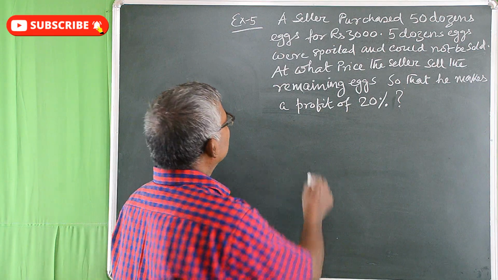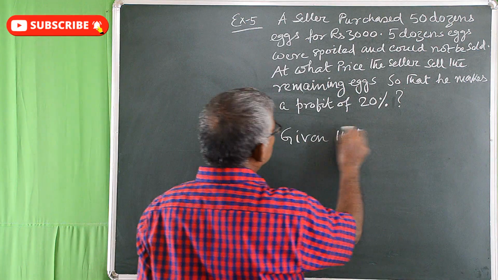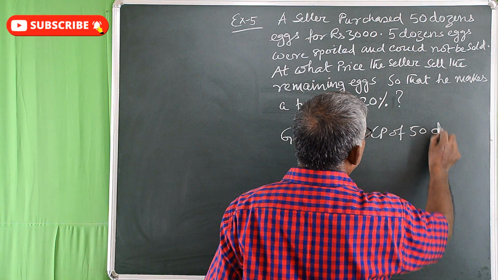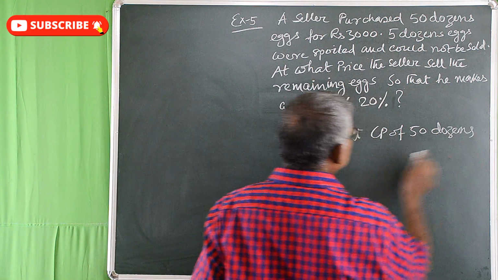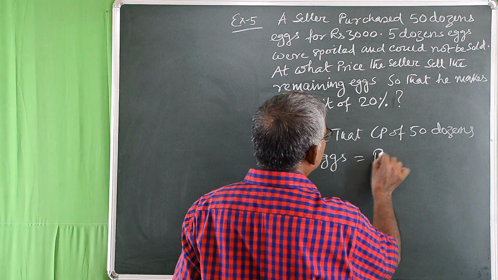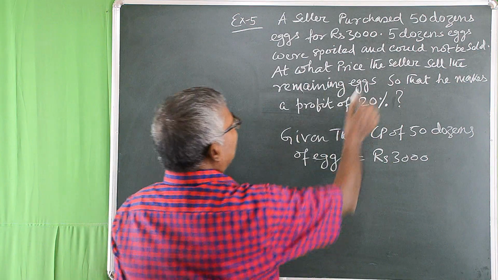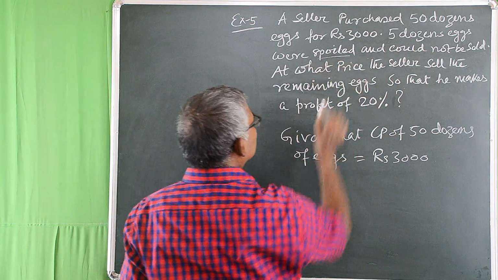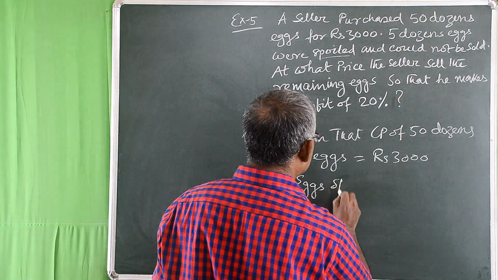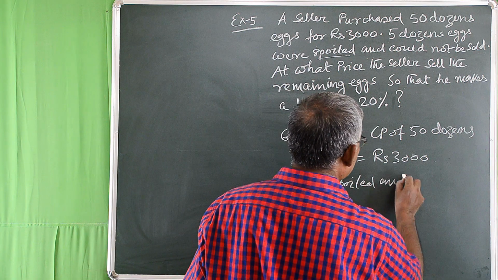Students, here given that cost price of 50 dozens of eggs equal to rupees 3000. 5 dozens eggs were spoiled and not sold.